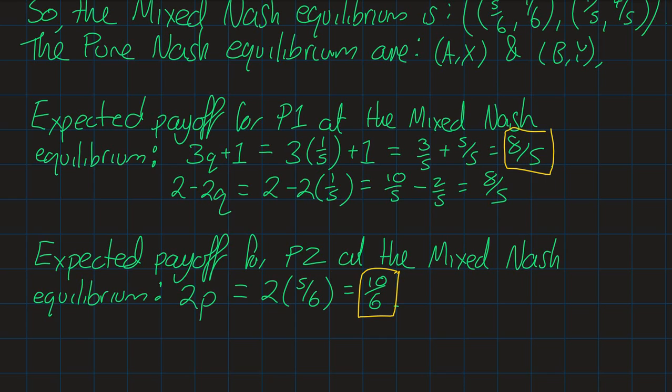Well, you have to be good at fractions, I guess. 8/5 is equal to 1.6, and 10/6 is equal to 1.666 recurring. So this means that player 2 is actually doing slightly better at the mixed Nash equilibrium. So player 2 gets slightly more points at the mixed Nash equilibrium than player 1 does. That's the end of this example, and that's the end of this video.